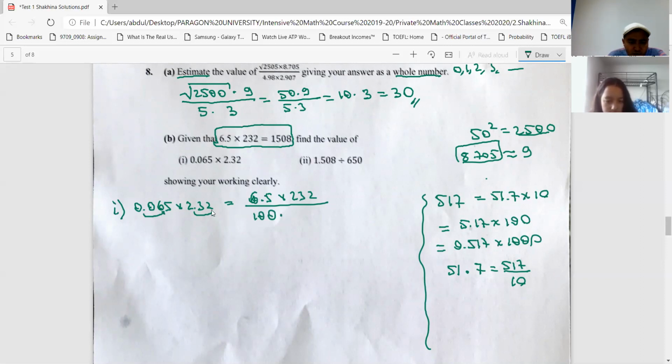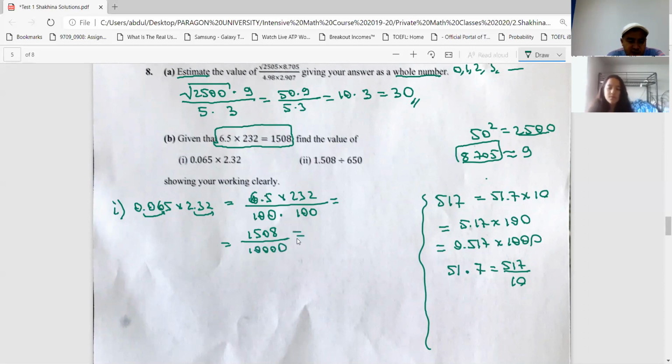Also, I should divide the other by 100. Equals now 6.5 times 232. It's given here, right? I know the result: 1508 over 100 times 100, which is 10,000.